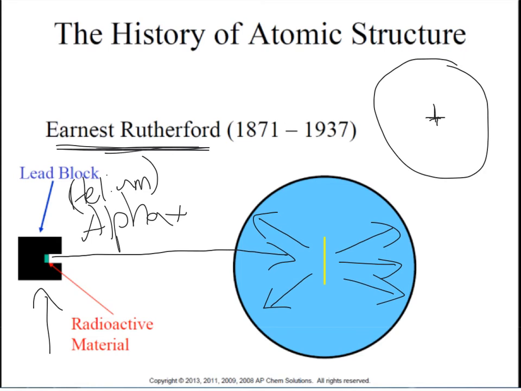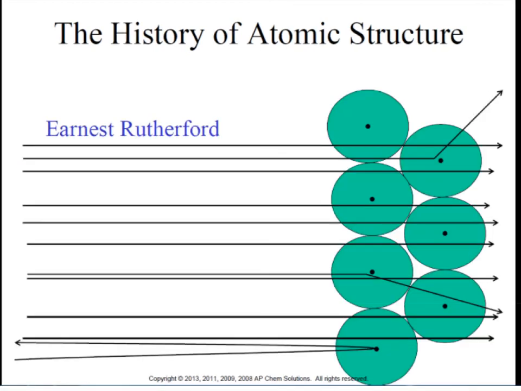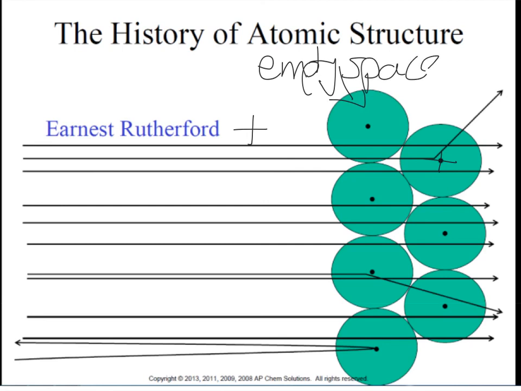And this explains why most alpha particles would pass straight through with only a small amount of deflection, because the positively charged alpha particles will be repelled by the positively charged nucleus in the gold atoms. However, most of the space of the atom was made up of empty space. So that leads us one step closer to the more modern picture of an atom.